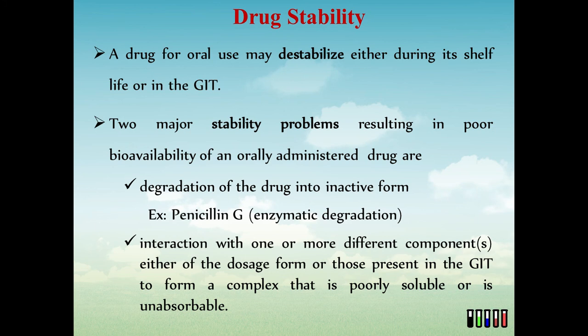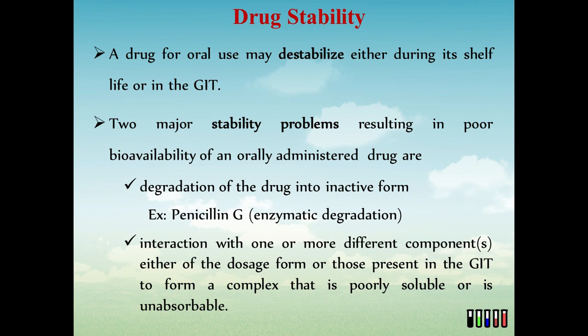The two major stability problems that result in poor bioavailability of orally administered drugs are, first, degradation of the drug into inactive form. The example is penicillin G, which has enzymatic degradation at your stomach pH, so it becomes unstable when we are taking penicillin G via the oral route.